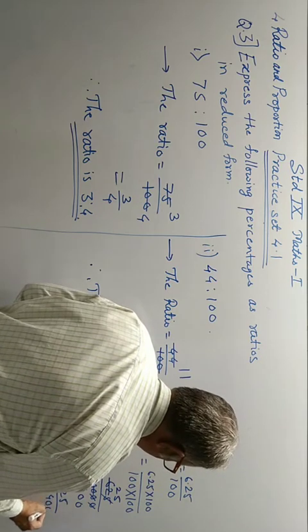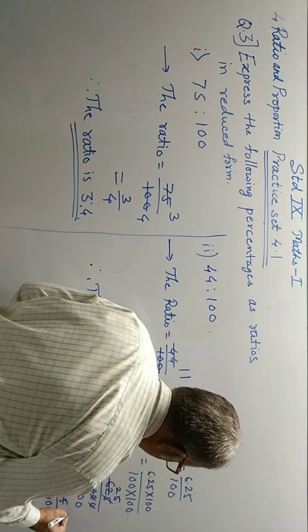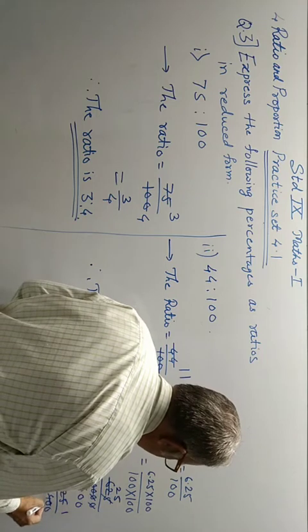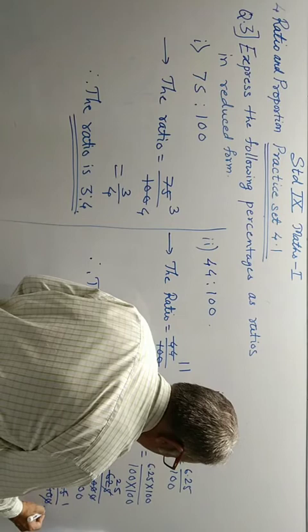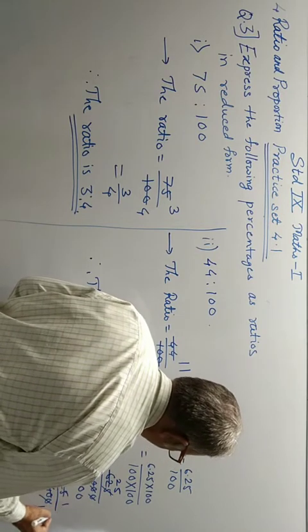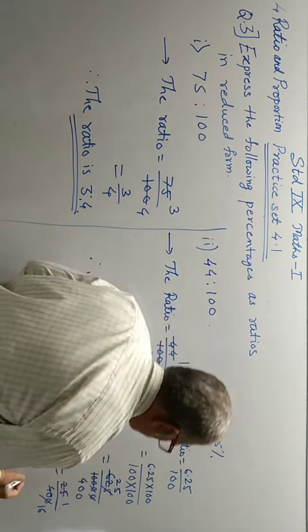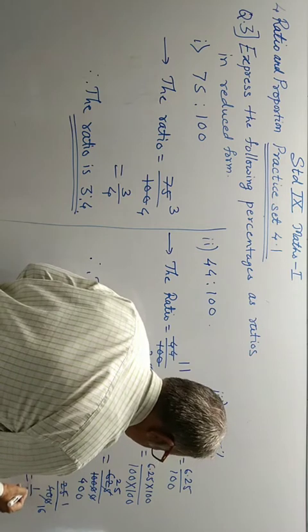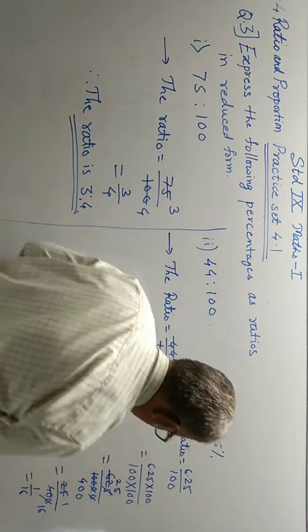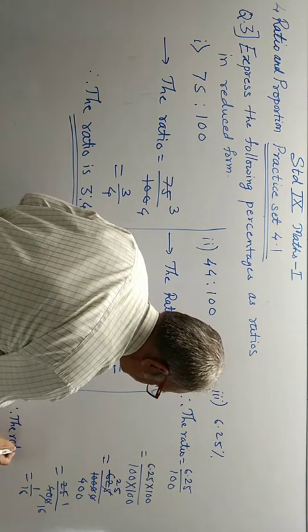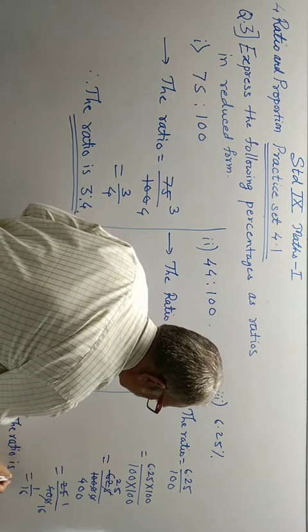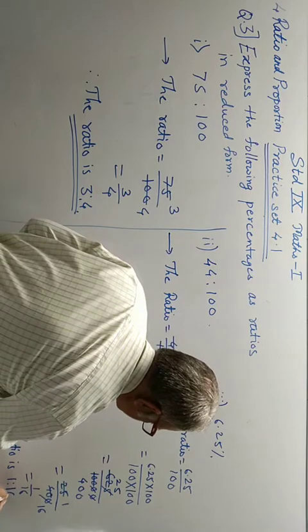So again cancel. 25 1s are 25, 25 1s are 25, 15 remain. 25 6s are 150. So 1 upon 16. Therefore the ratio is 1:16.